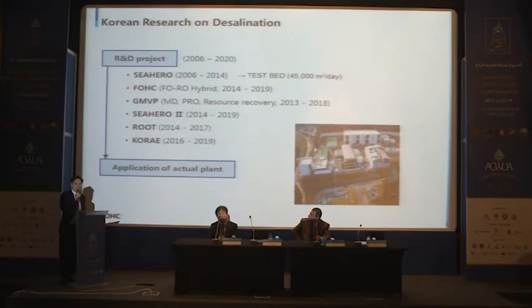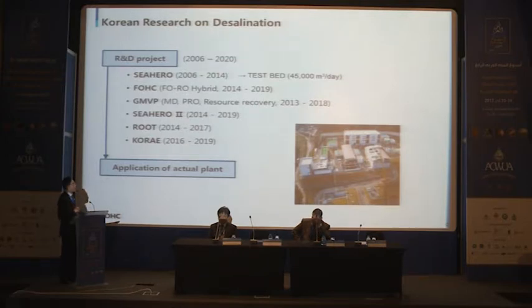Before I start the presentation, as Professor Kim already mentioned, I will give you a brief summary of the Korean R&D program on desalination. Korea has been conducting big R&D projects on desalination since 2006. One big project, named the Sea Hero project, started in 2006 and finished in 2014.